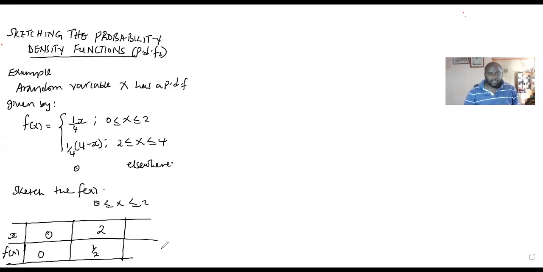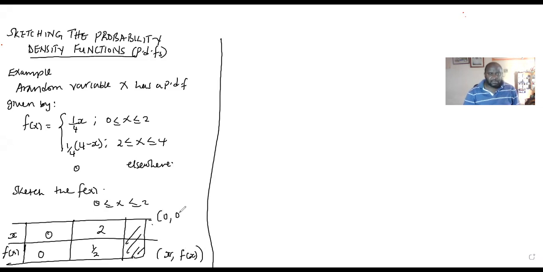So I'm getting coordinates which are supposed to be represented in this form, x and f of x. Like I've said, f of x represents y. So according to this, the coordinates are going to be 0, 0. The second coordinate is going to be 2, a half.